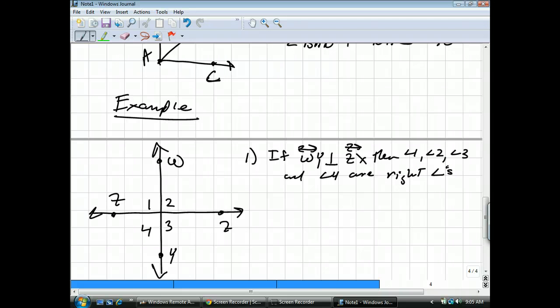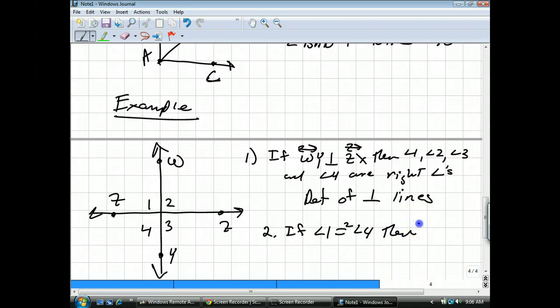The thing that allows me to say that is the definition of perpendicular lines. Number 2: if angle 1 is congruent to angle 4, then line WY must be perpendicular to line ZX.